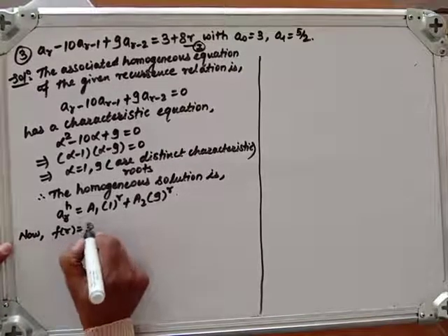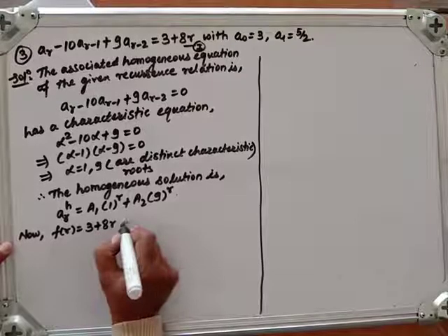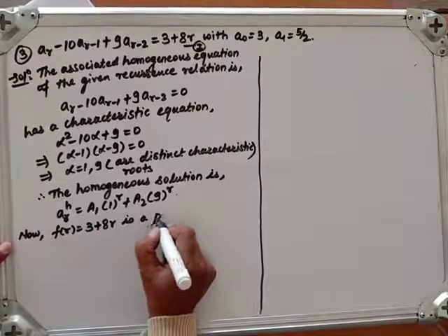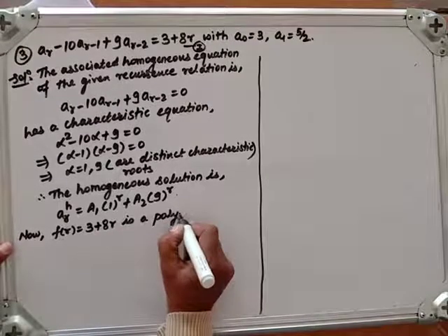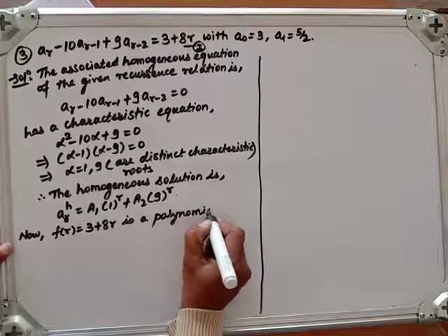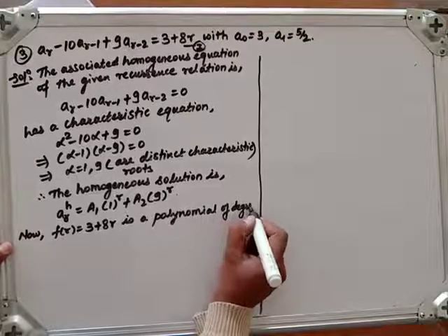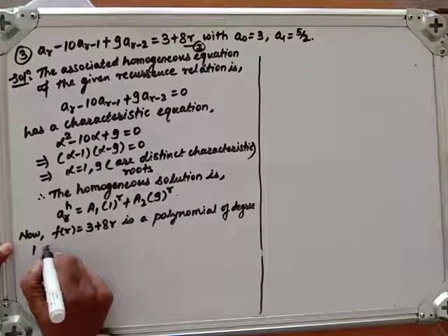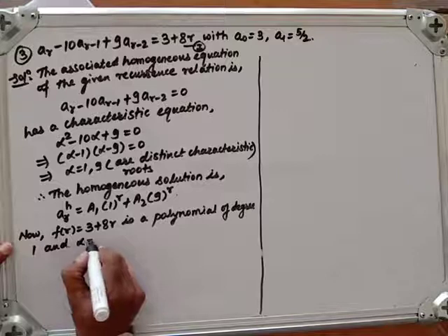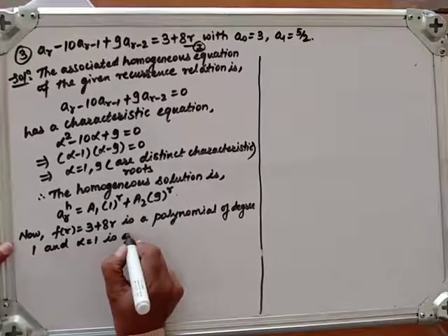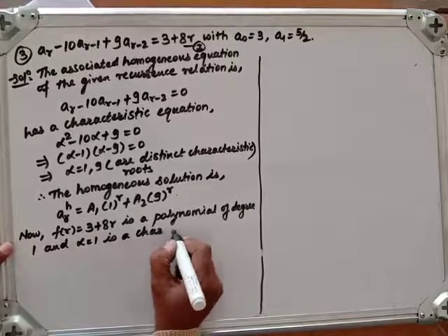It is 3 plus 8R, a polynomial of degree 1, and alpha equal to 1 is a characteristic root.